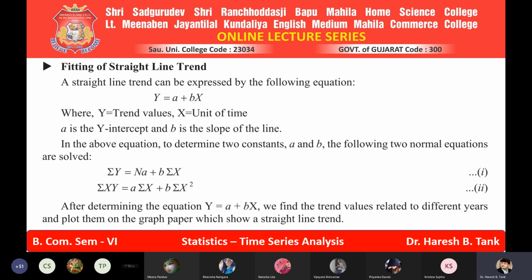As I said, if the method of least squares is to be used and you assume that x and y variables are linearly related, then the standard form of an equation is y is equal to a plus bx. In this equation, the intention is to get the value of a and b. To get the value of a and b, we have to use the data set.